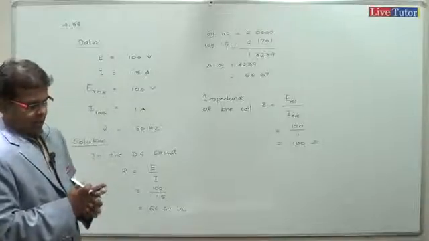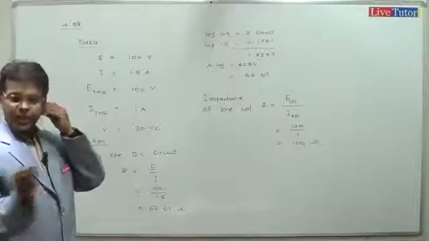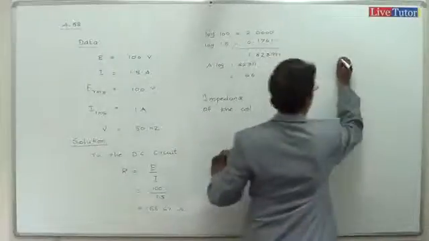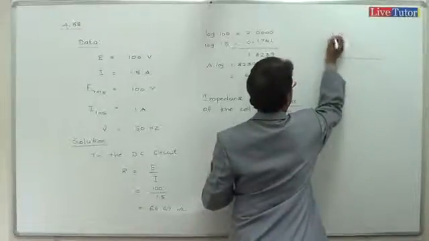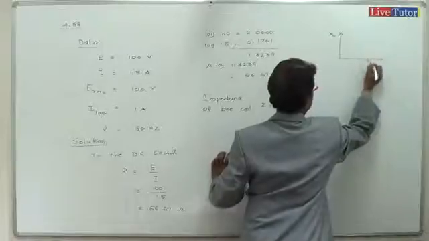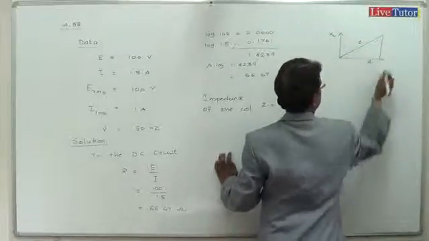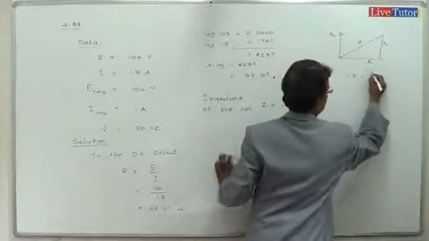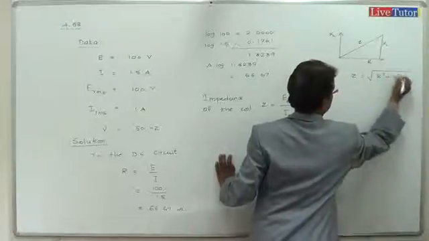Now this Z and R can be interlinked by using this formula. We know this phasor diagram, you remember, I think. This is XL and this one is R and this is taken as Z. So we can write Z is equal to square root of R square plus XL square.